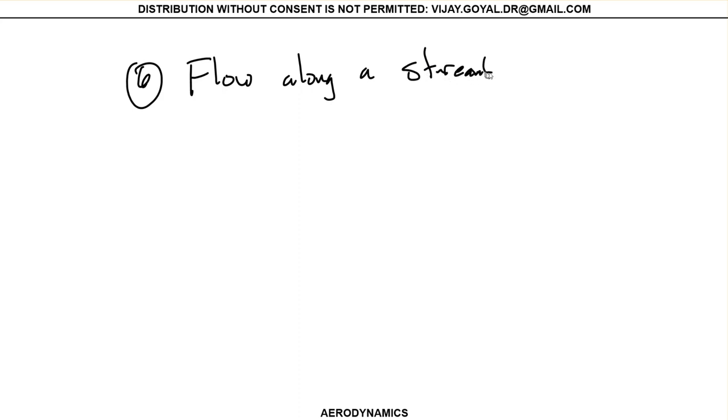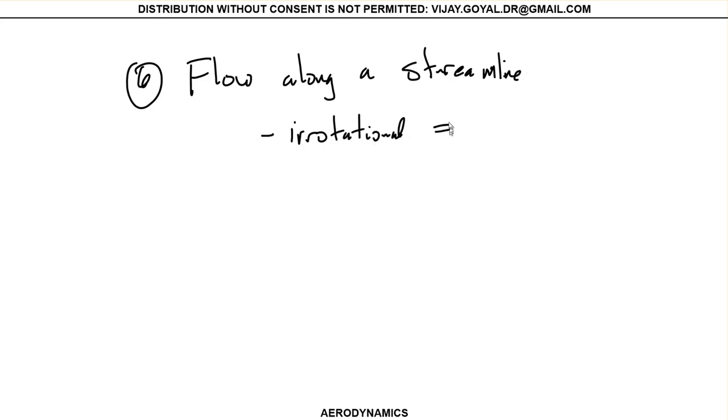Then number 6 is flow along a streamline. If it's along the streamline, it is irrotational, if you remember. That's how we define the streamlines.